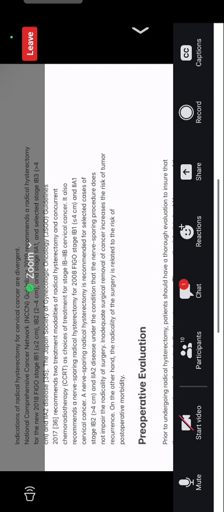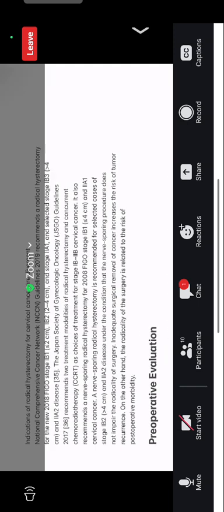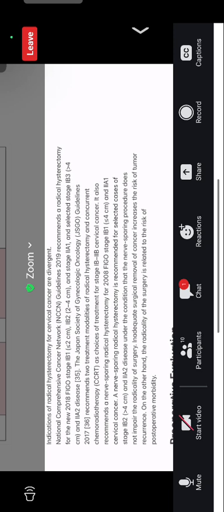Okay. And the Japanese Society of Gynecologic Oncology guidelines recommend two treatment modalities, radical hysterectomy and concurrent chemoradiotherapy, as a choice of treatment for 1B to 2B cervical cancers. It also recommends a nerve-sparing radical hysterectomy for 1B, 2A1 cervical cancers.